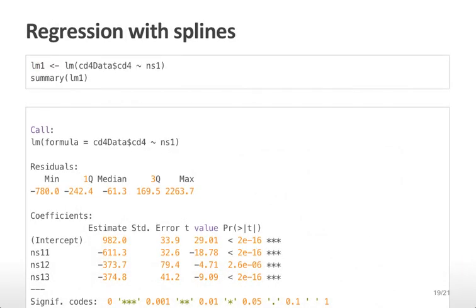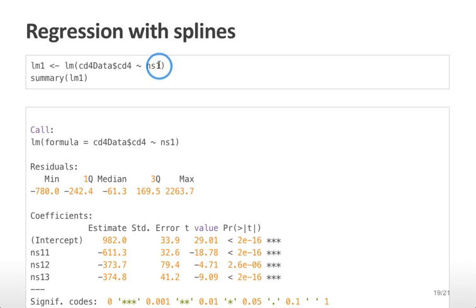So the nice thing about using these splines is that you can include them in a linear model just like this. So if we have the CD4 count as the outcome, we then use the tilde, and on the right hand side, instead of our covariates, we include our spline matrix. So the spline matrix, remember, is the set of three functions applied to the time points.